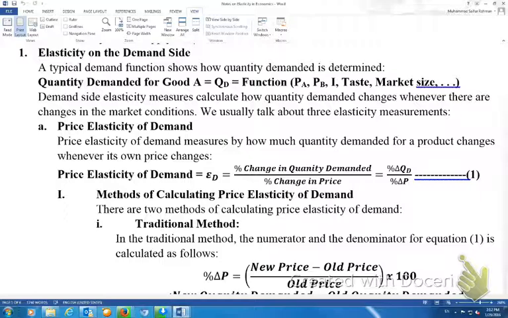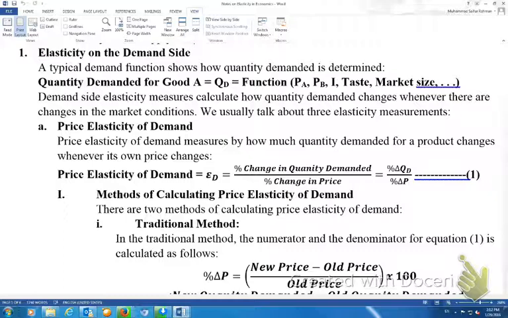So let's look at equation number 2, which gives you a very generic idea about percentage change in demand. So elasticity of demand, which is usually represented by epsilon D, is a ratio between the percentage change in quantity demanded in the numerator and the percentage change in price in the denominator. This is a very generic way.